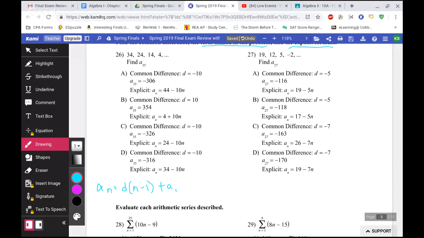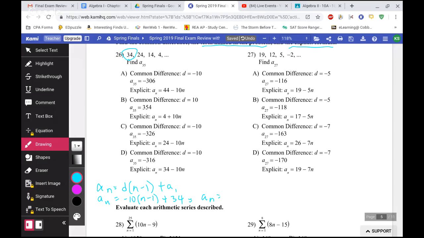So then I would just take the given information that we have: A sub n equals negative 10 times (n minus 1) plus 34, which you distribute that negative 10. Why is it 34 and not 35? Because I'm writing the formula right now. Okay, so it's always going to be less than the one that you want to find.